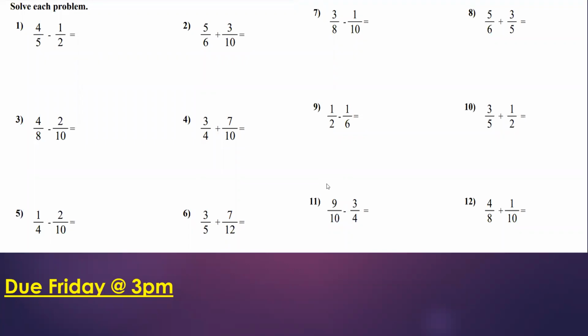All right, so we have 4/5 minus 1/2, 5/6 plus 6/10, 4/8 minus 2/10, 1/4 minus 2/10, 3/4 plus 7/10, 3/5 plus 7/12, 3/8 minus 1/10, 1/2 minus 1/6, 9/10 minus 3/4, 5/6 plus 3/5, 3/5 plus 1/2, and 4/8 plus 8/10.